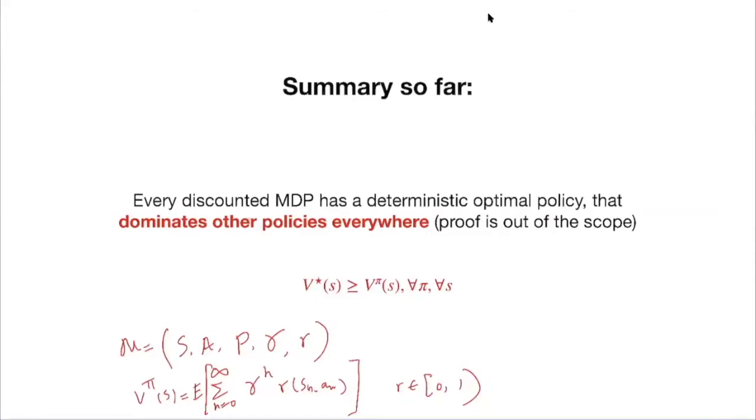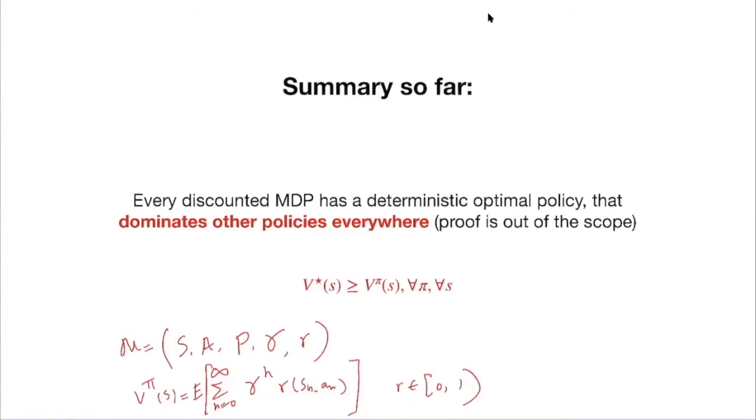Yeah. So you're asking why I was saying that the proof for that theorem is complicated. Your intuition is correct in terms of determinism. But if you recall our definition of policy, so far we only focus on policies that look at the current state and then determine the action.